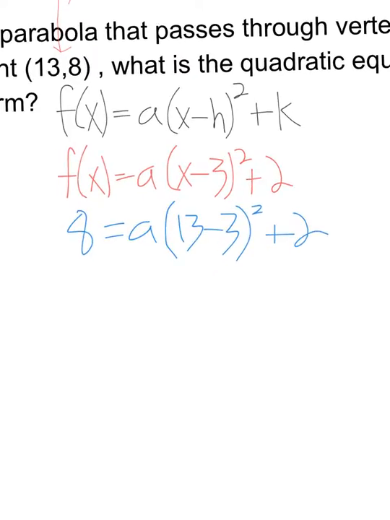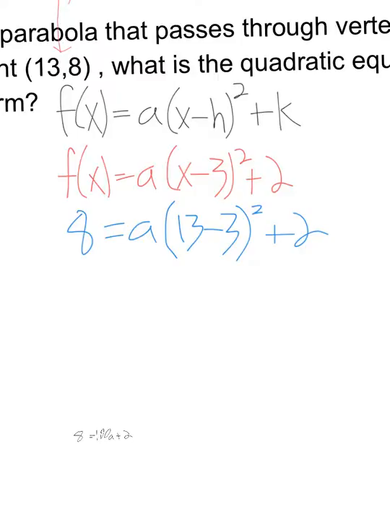So here it is set up with just the vertex plugged in like we did on the last one. And then now I'm plugging in 8 for y and 13 for x. Okay, so what is 13 minus 3? That's 10. What's 10 squared? That's 100. So this says 100a plus 2 equals 8.